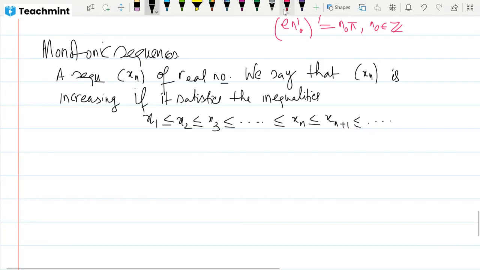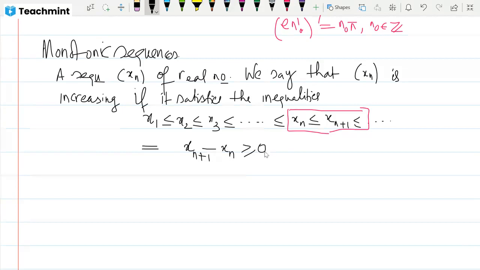I am utilizing xn less than or equal to xn plus 1 to define increasingness in a different way. This is the same as looking at the difference xn plus 1 minus xn. If this difference is positive for all n belonging to N, then we say that the sequence is an increasing sequence.